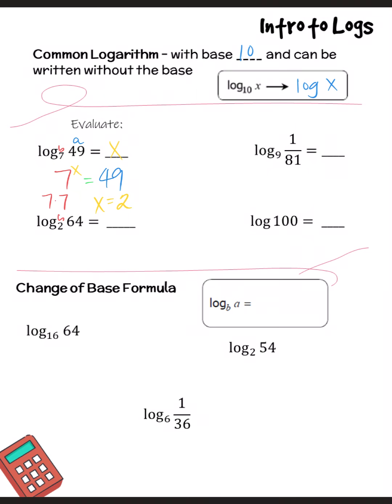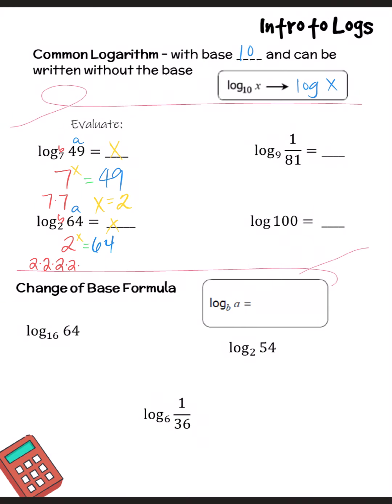Let's look at this other example. We've got log base 2 of 64 equals x, so 2 to the x power equals 64. We want to see how many times we multiply 2 to get to 64. 2 times 2 is 4, times 2 is 8, and you see the pattern.